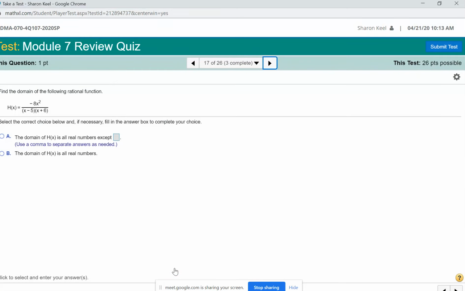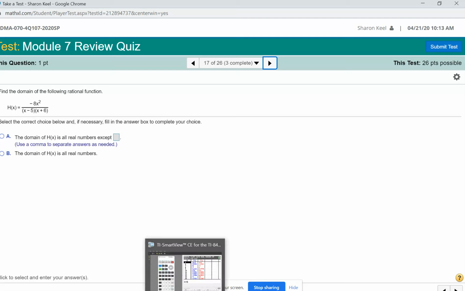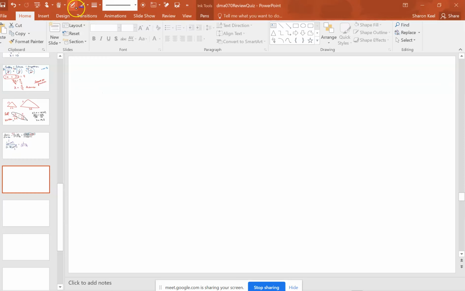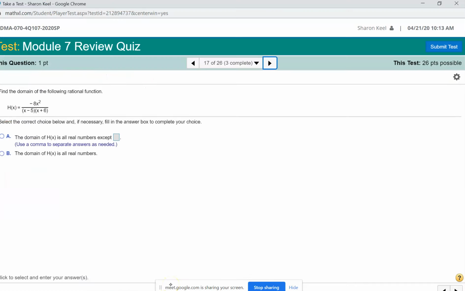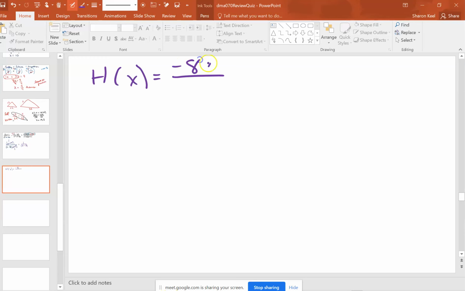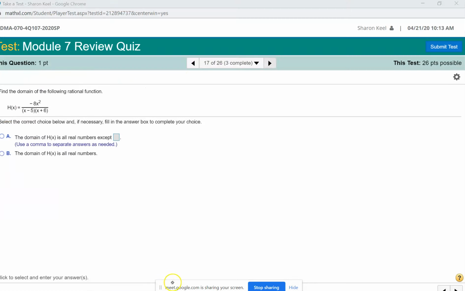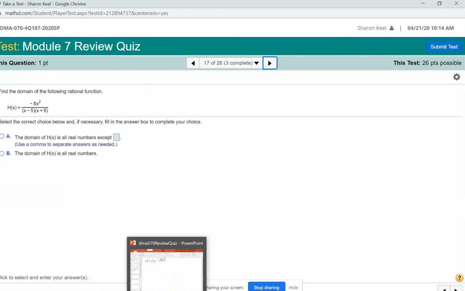Find the domain of the following rational expression. Okay, so we've got h of x equals negative 8x squared over x minus 5 times x plus 6.